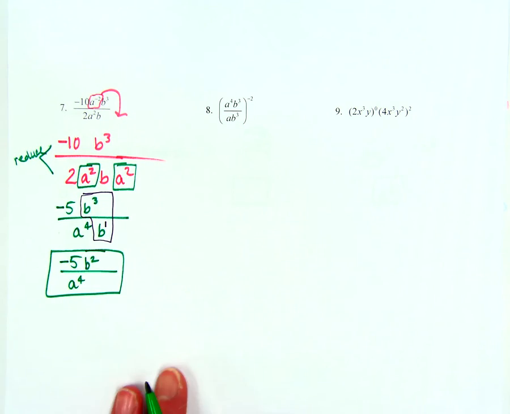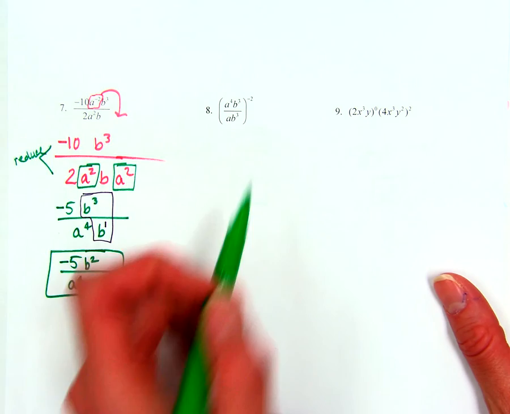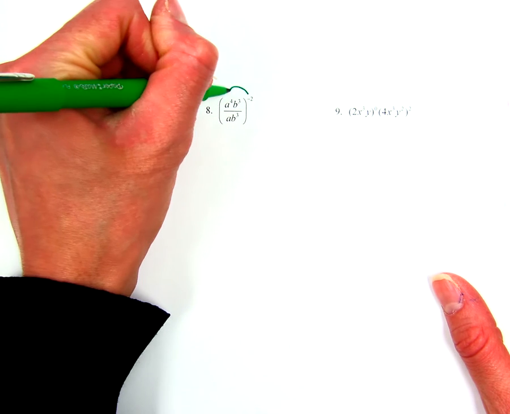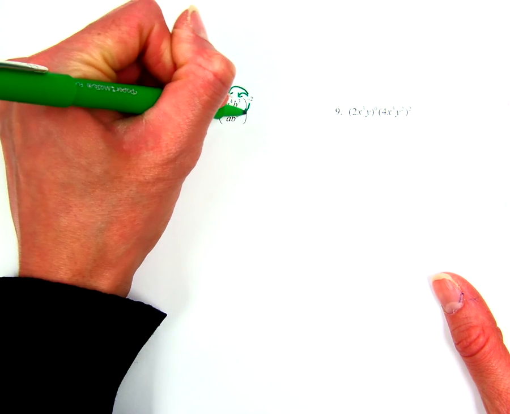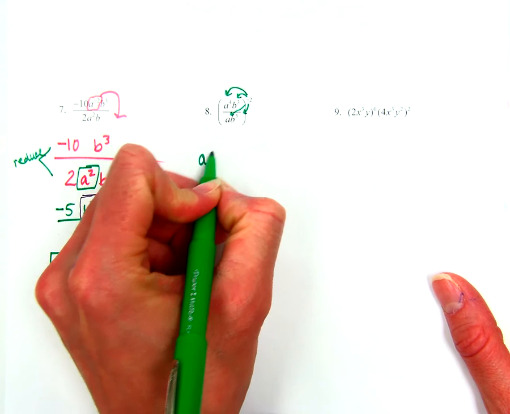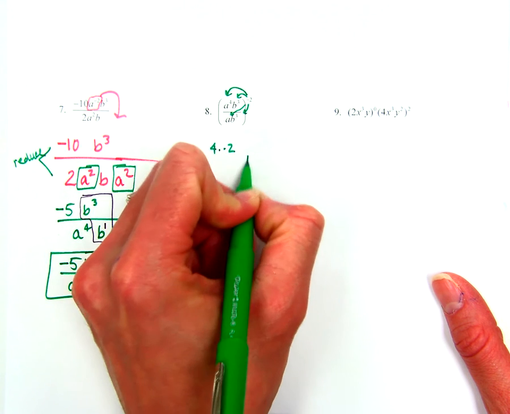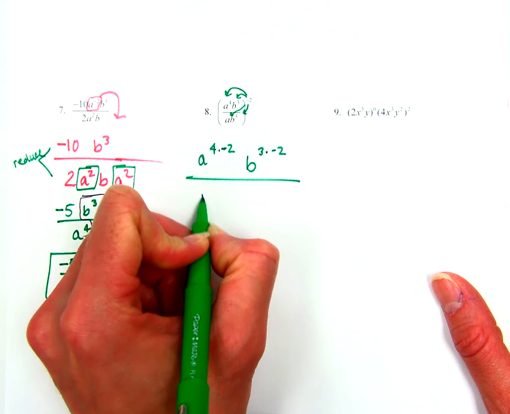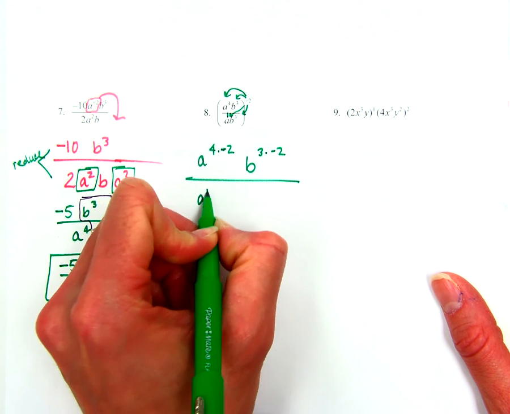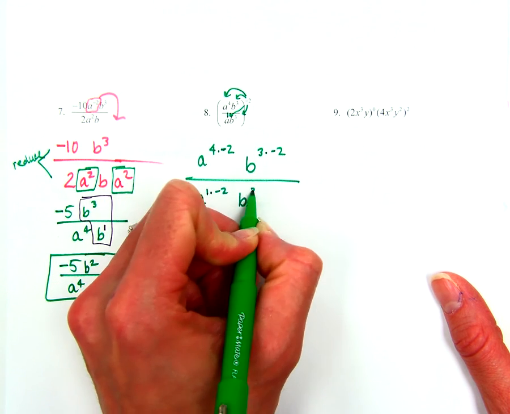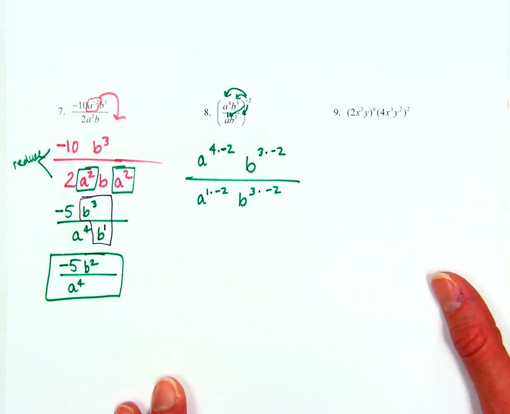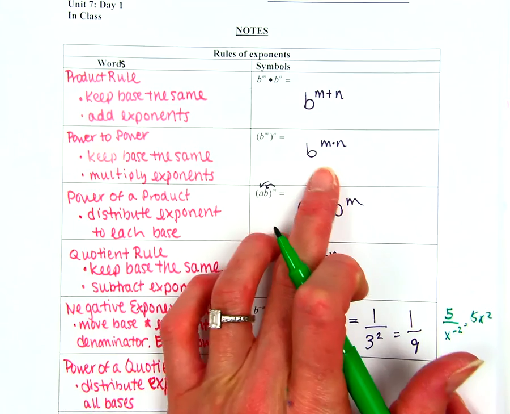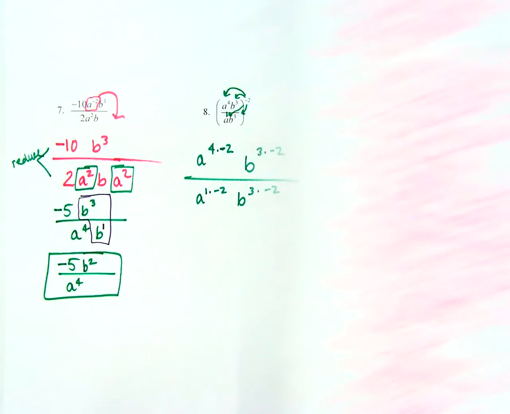All right, number 8. So I've got a negative 2 on the outside. That needs to be distributed to everything. So we have a to the 4 times negative 2, b to the 3 times negative 2, over a, this is a 1, right? 1 times negative 2, and b to the 3 times negative 2. So that is your power to a power. Keep the same base, multiply your exponents.